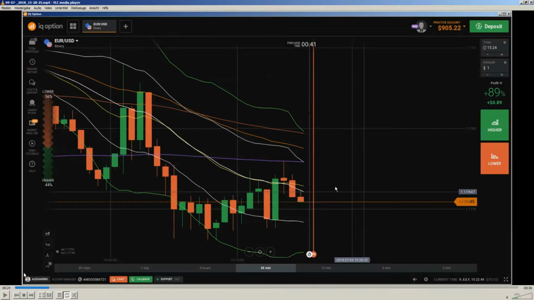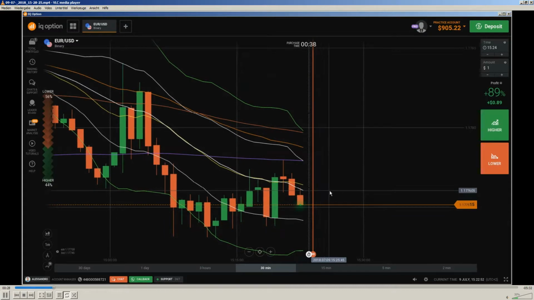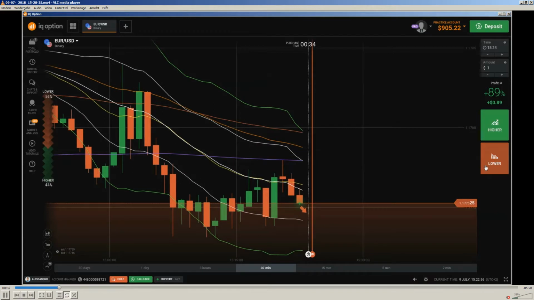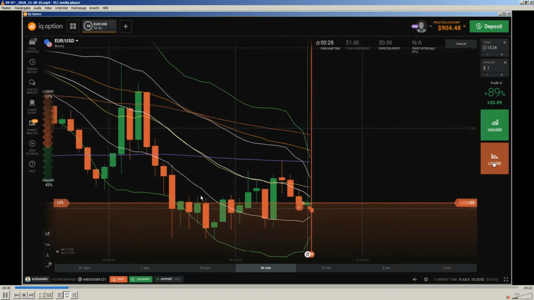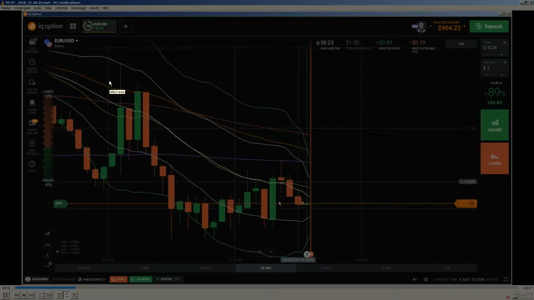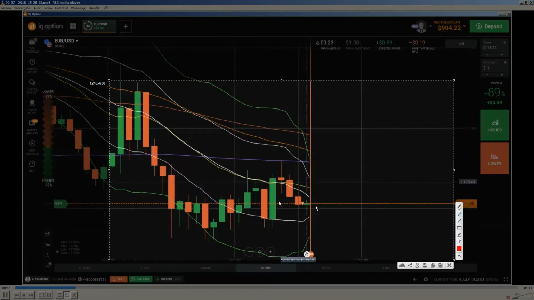So okay, let me press play here so we can discuss this as soon as there is something. So what's going on? This candle is showing a rejection from this level. Here we are closing below this support level. This is a nice one, like I have explained in my videos about support and resistance.